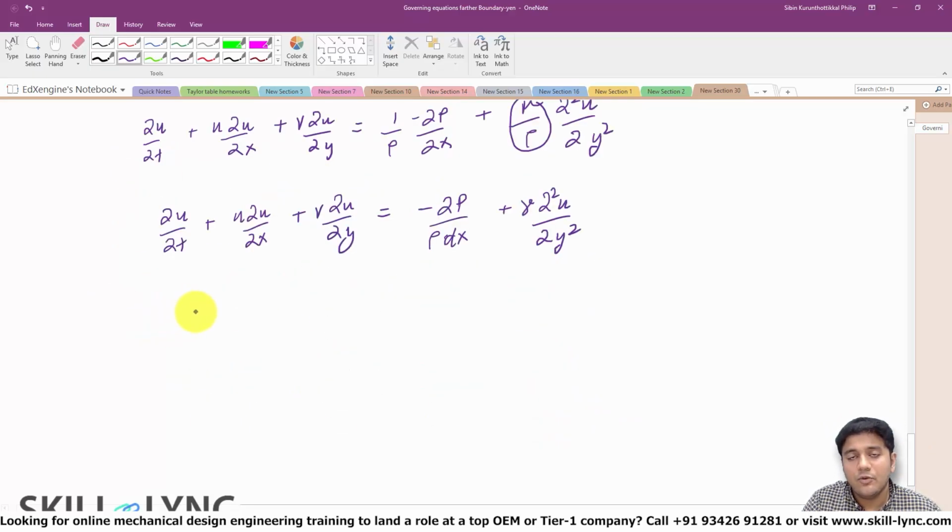Now on the left hand side, I'm going to add a term which is nothing but the x component of velocity multiplied by the continuity equation. The reason why we are doing this is to convert this equation into a much more suitable form.